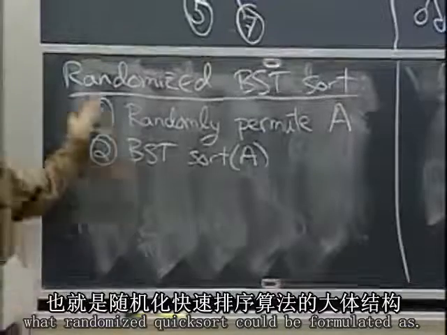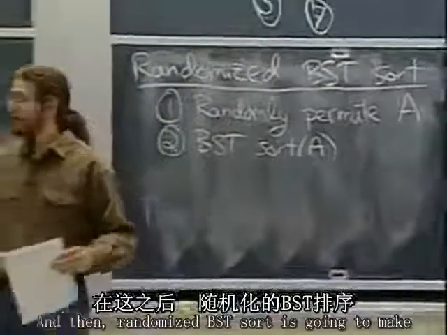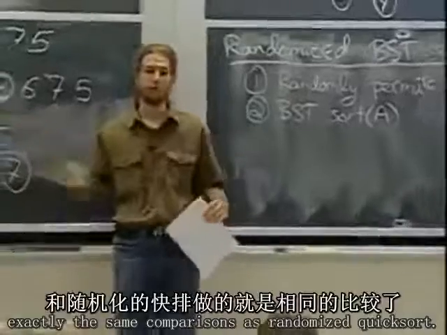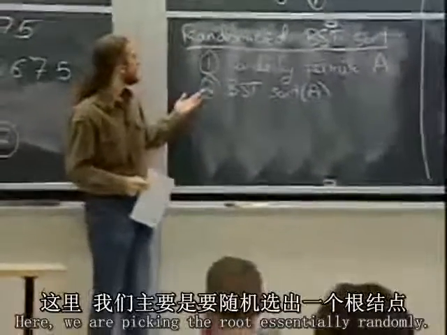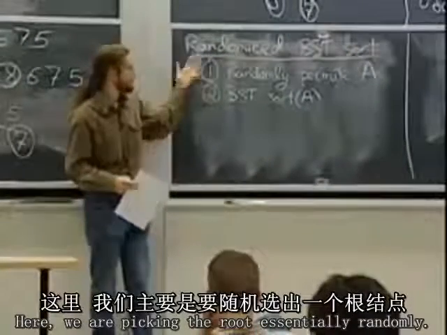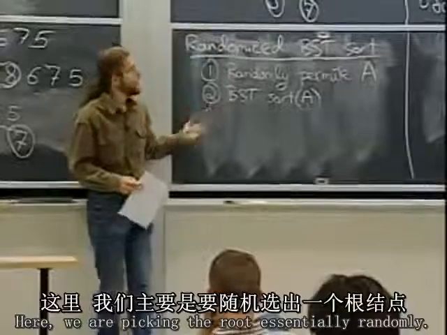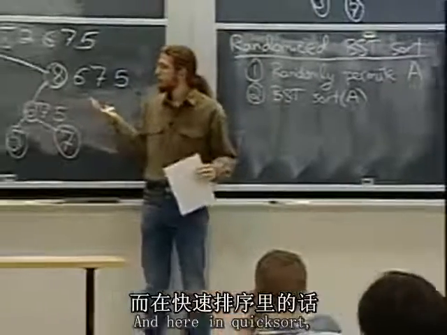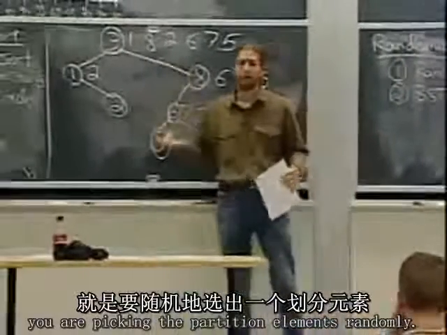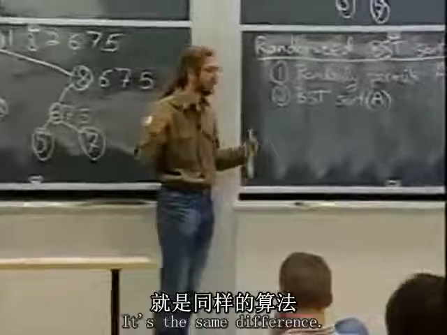And then randomized BST sort is going to make exactly the same comparisons as randomized quicksort. Here, we're picking the root essentially randomly. And over here, in quicksort, you're picking the partition element randomly. Same difference.